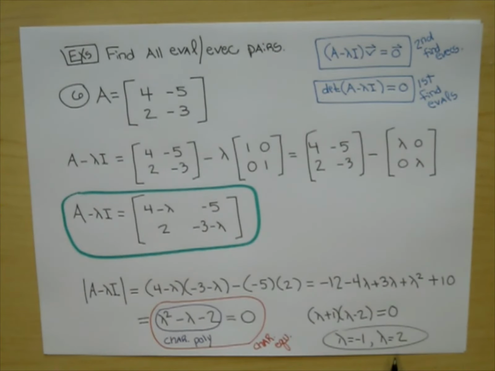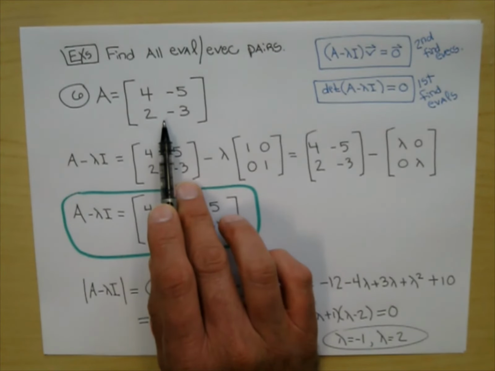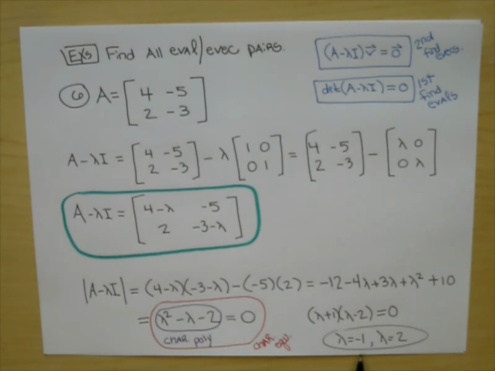So we have found the two eigenvalues of this matrix. There are not any other eigenvalues except those. So you might be thinking, does a 2 by 2 matrix have exactly two eigenvalues? Well, in this case it does.